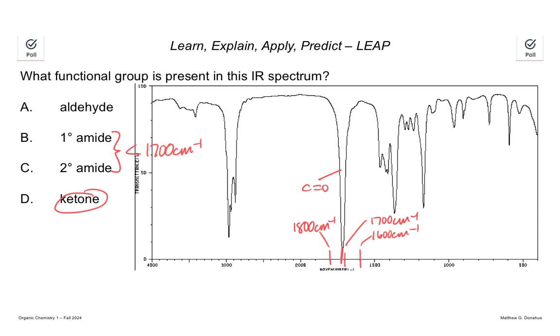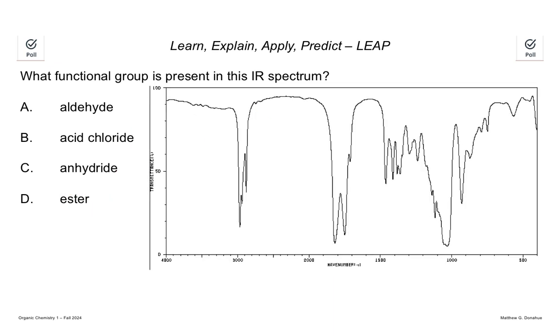Again, how do you differentiate between aldehyde and ketone? Notice that this IR does not have that extra little sp2 hybridized carbon-H stretch. What do you notice about region 3, the double bond stretch here?